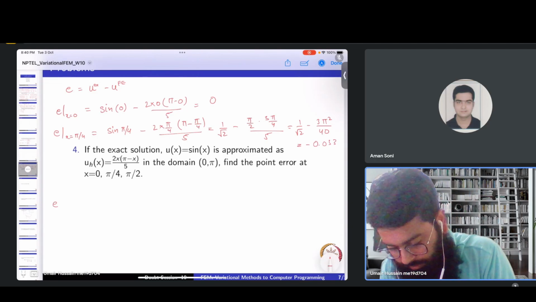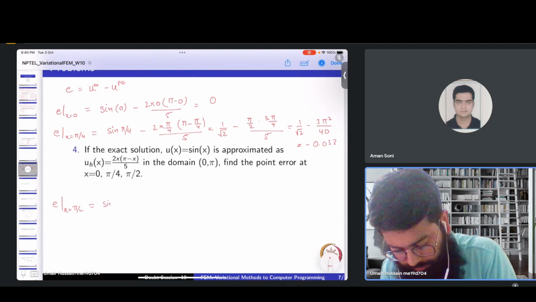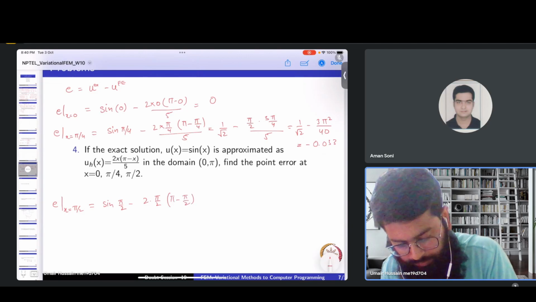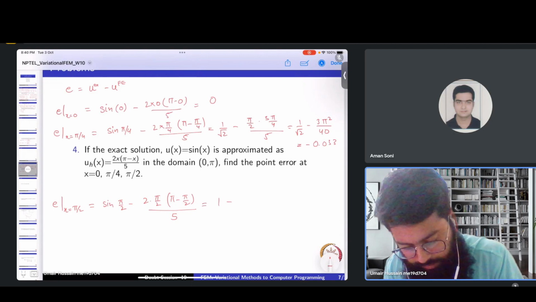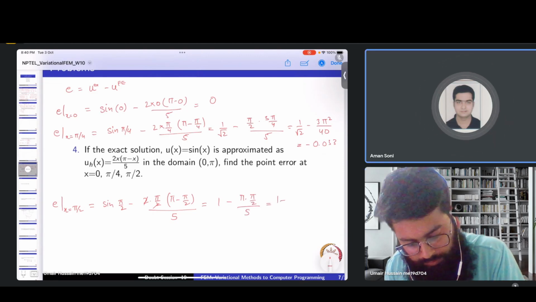Then at pi by 2, we have sine pi by 2 minus 2 pi into pi minus pi by 2. Sine pi by 2 is 1. Then we have pi into pi by 2, pi square by 10.